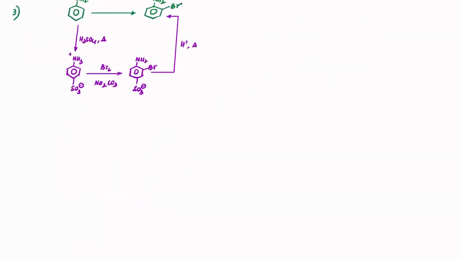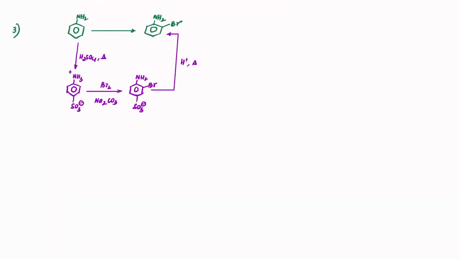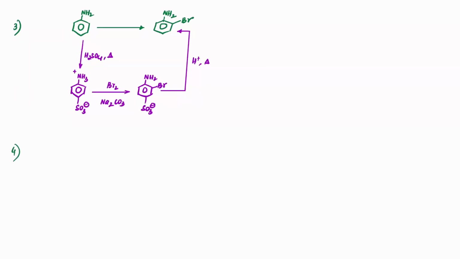Let me put the last one here. Fourth one: from benzene, I want to convert this into this form, that is, N double bond N and like this one, H. This is the form I want to get.